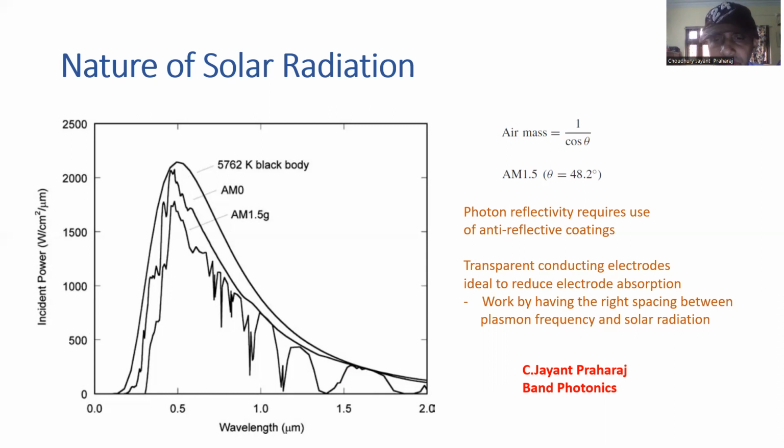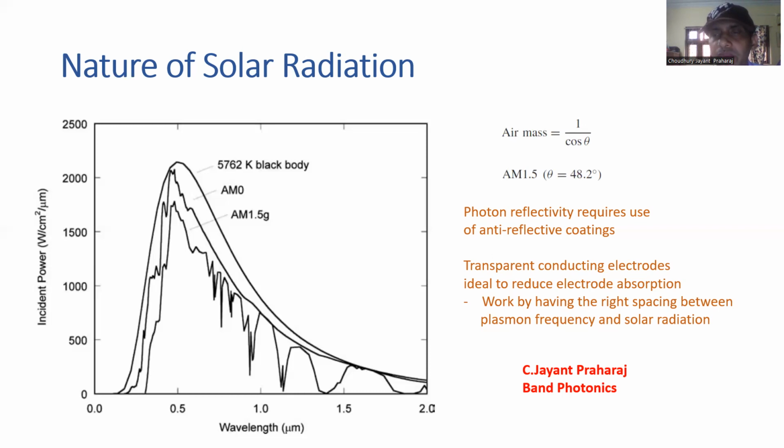Also to keep in mind is that there are electrodes in the solar cell because the photogenerated currents need to be collected, and so you need electrodes in order to get currents and voltages out of the solar cell.